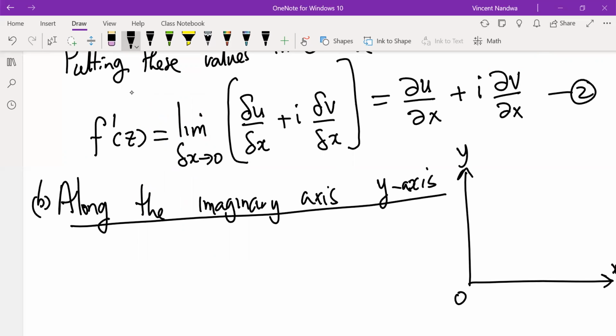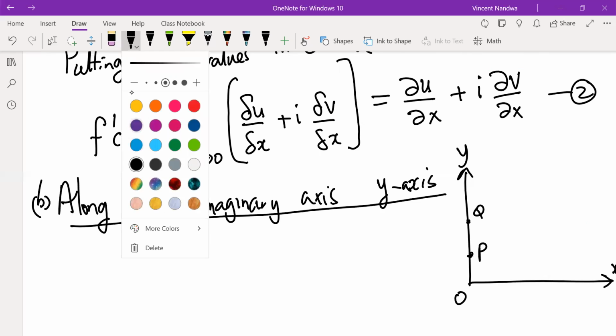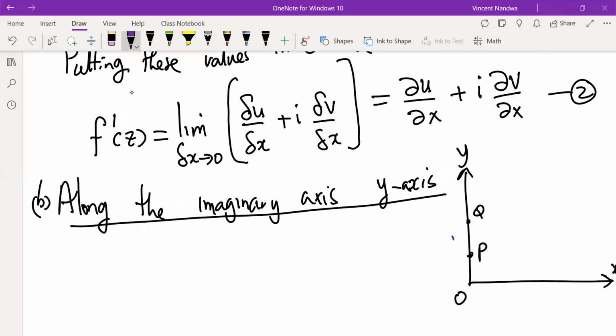So this is the origin. So I have, say, point Q, point P. So here, delta z is the same as i delta y, because only y is changing. So z is iy.